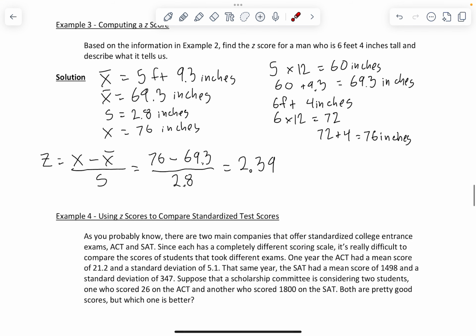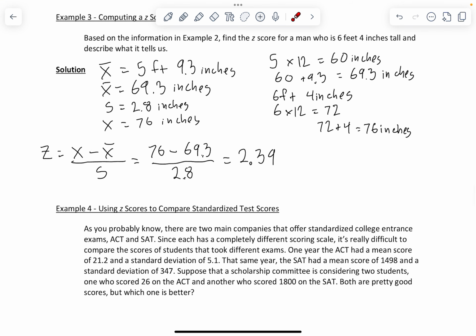Let's look at another example, using z-scores to compare standardized test scores. As you probably know, there are 2 main companies that offer standardized college entrance exams, ACT and SAT. Since each has a completely different scoring scale, it's really difficult to compare the scores of students that took different exams.